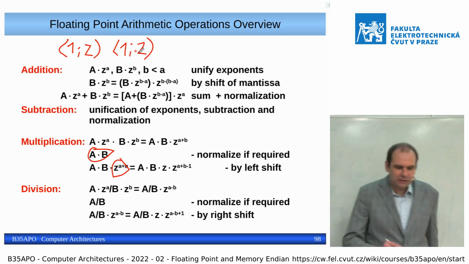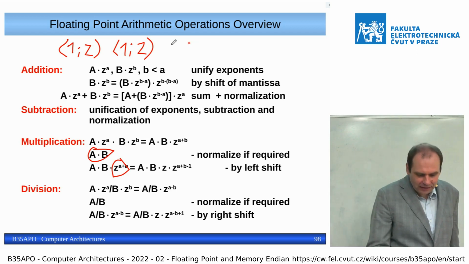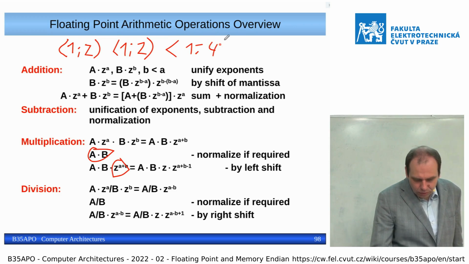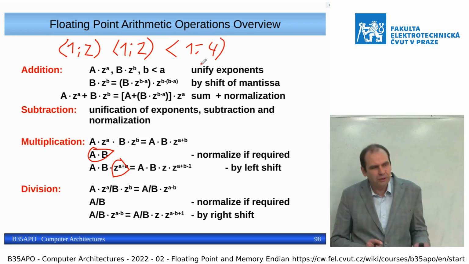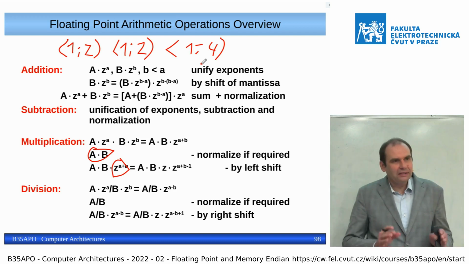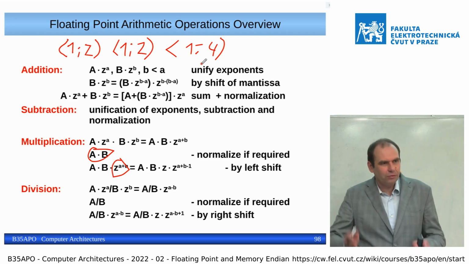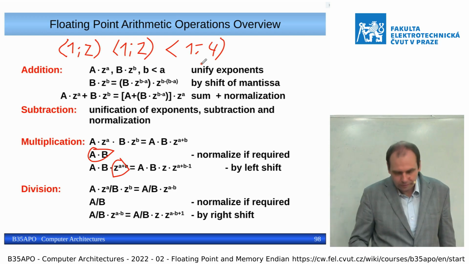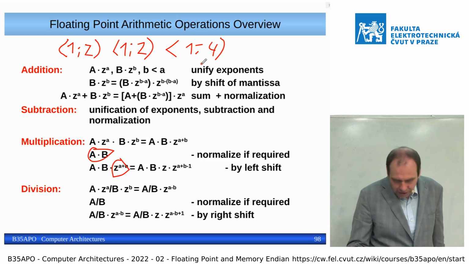But in this case what can happen is that we can get a value in the range from 1 to 4. So it is again possible that during the multiplication we get a mantissa which doesn't fit into the normalized state, so we need to shift it right by 1. Okay?